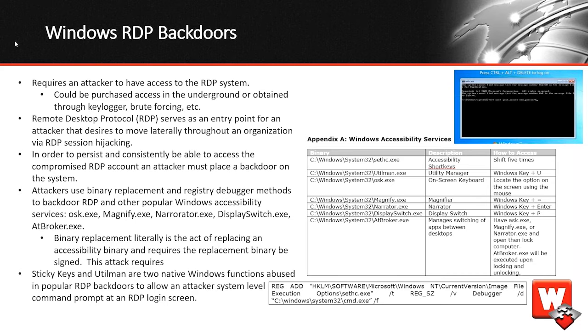Those two tend to be more popular than the previously mentioned ones, and novice level tools tend to abuse those two. So those two are really focused on. But again, the other accessibility tools listed in the table can also be backdoored.